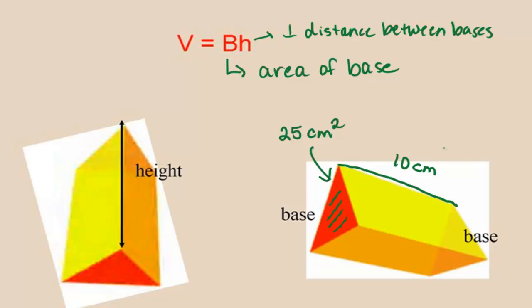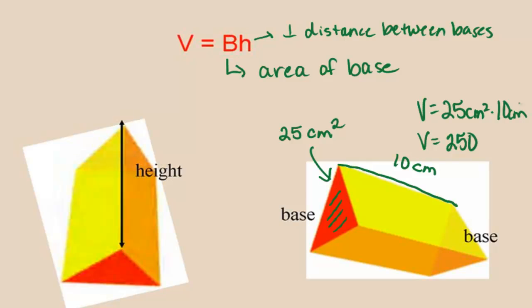If you thought centimeters, you are correct. So we're just going to multiply those together. So the volume would equal 25 centimeters squared times 10 centimeters. So what would our volume be? If you said 250, you're correct.